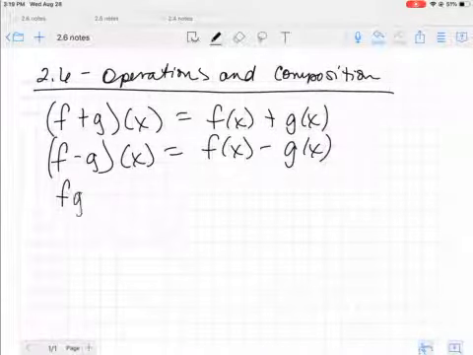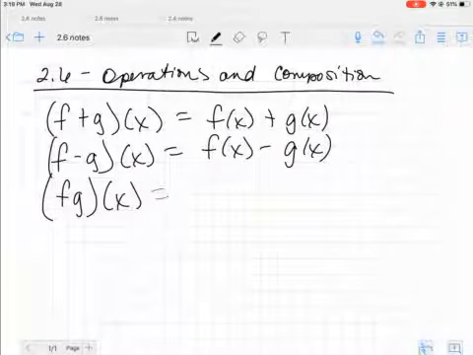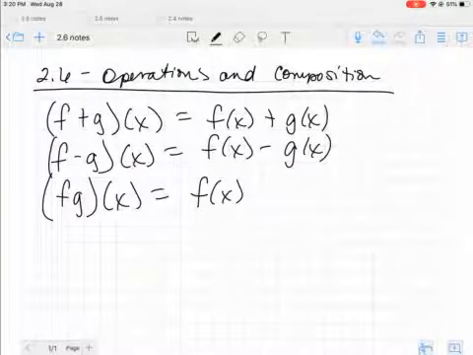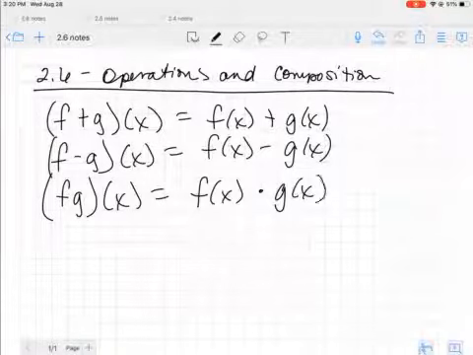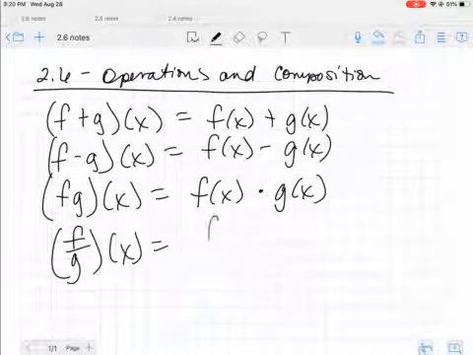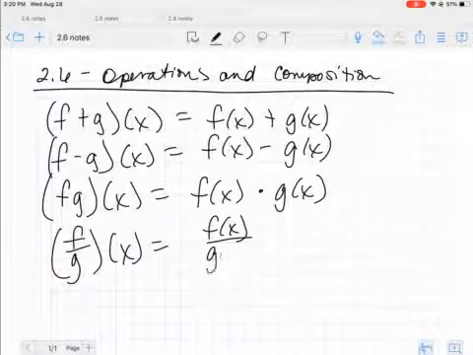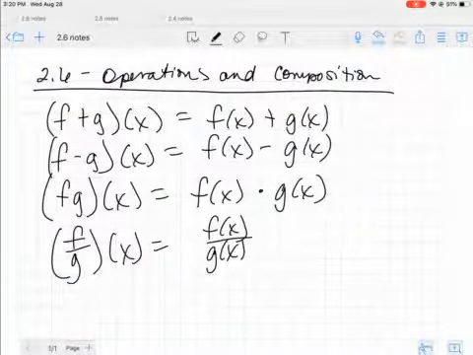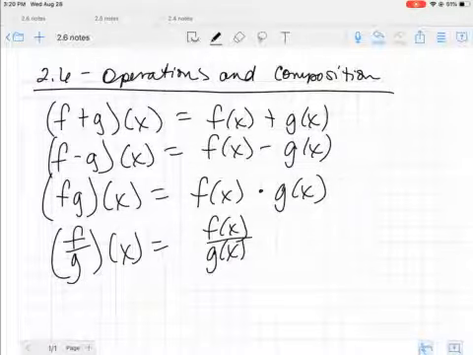If it's f right next to g for multiplication, then you're just multiplying those. And if it's f over g, then you're dividing. So really, instead of just having values that you're looking at, you're talking about them in terms of functions. These functions are add, subtract, multiply, and divide.